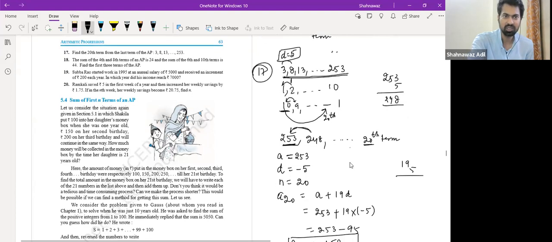I will do the 3 questions myself, and then I'll talk about the sum of first 10 terms, and then I'll start this third exercise. Adil, you will understand more properly if I start the new topic. You guys quickly note down, because I want to start this third exercise.